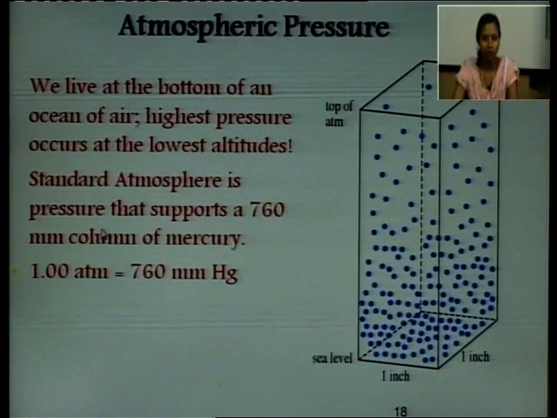Standard atmospheric pressure is the pressure that supports a 760 mm column of mercury, or it is equal to 76 centimeter column of mercury. So 1 atmospheric is equal to 760 mm of mercury or 76 centimeter of mercury column.